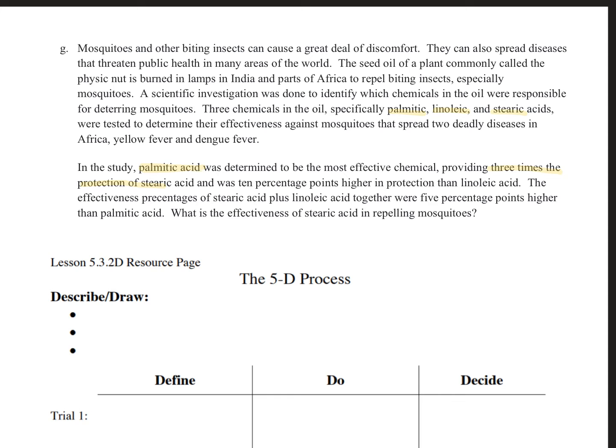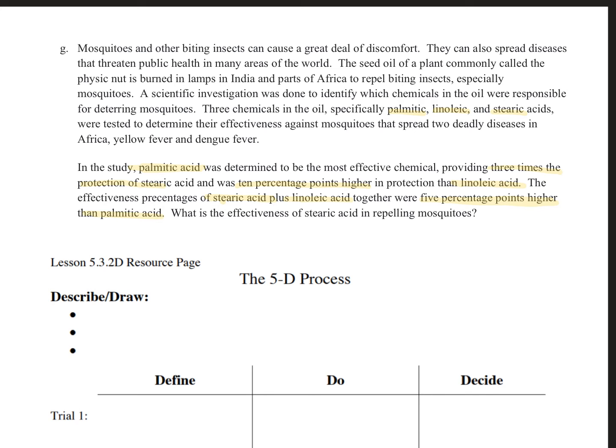And again, palmitic acid was 10 percentage points higher than linoleic acid. The effectiveness percentages of stearic acid plus linoleic acid together were 5 percentage points higher than palmitic acid.